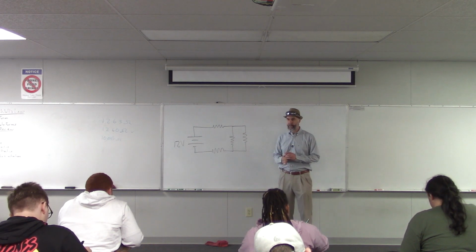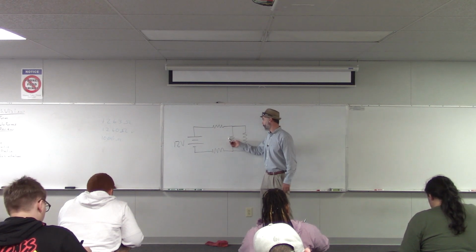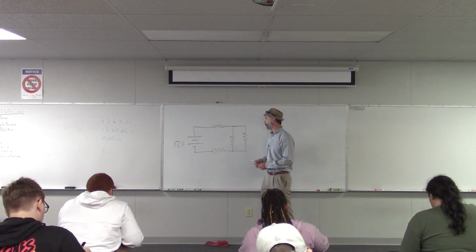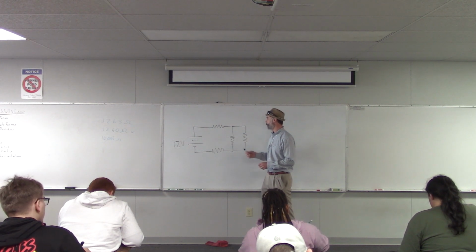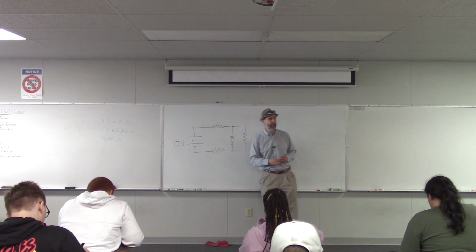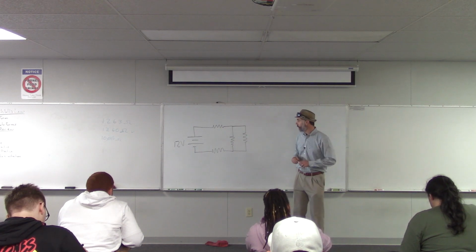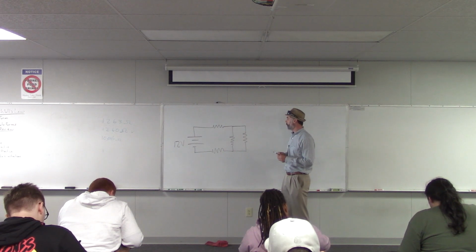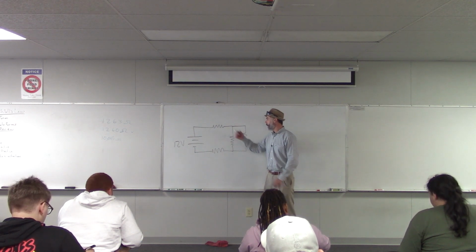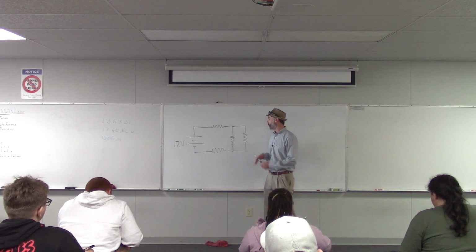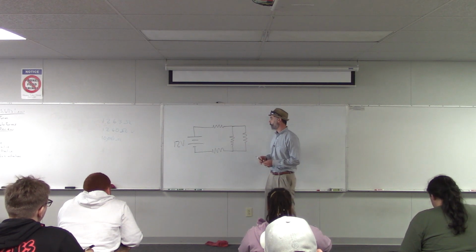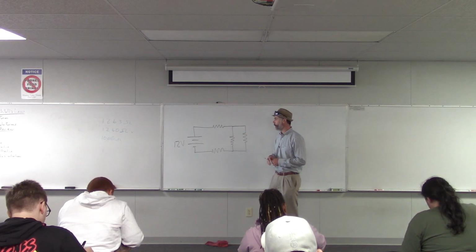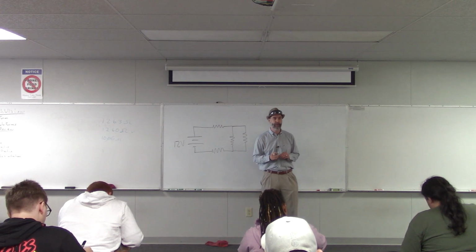Each person will be given their own resistor values, and you'll be asked to build this circuit and measure the voltages and currents for each of the resistors. So what I will do is use some example resistor values here, and we'll go through the math for how we could do that. And then I'll also show you how we could build this on a circuit board and make the measurements that way.